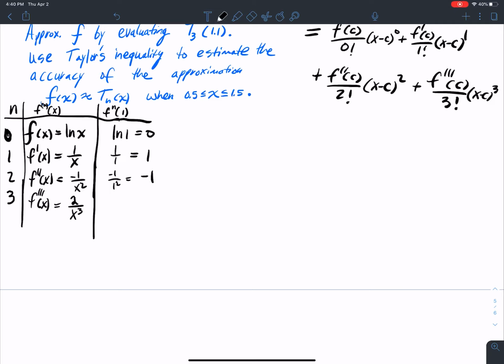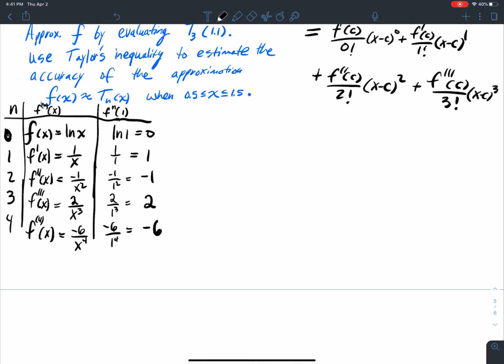Don't do that in your head. Write it out. Plug it in: 2 over 1 cubed, which is 2. The fourth derivative would be negative 6 over x to the fourth, which is negative 6 over 1 to the fourth, which is negative 6 here. Man, it doesn't look like I'm getting a pattern here.